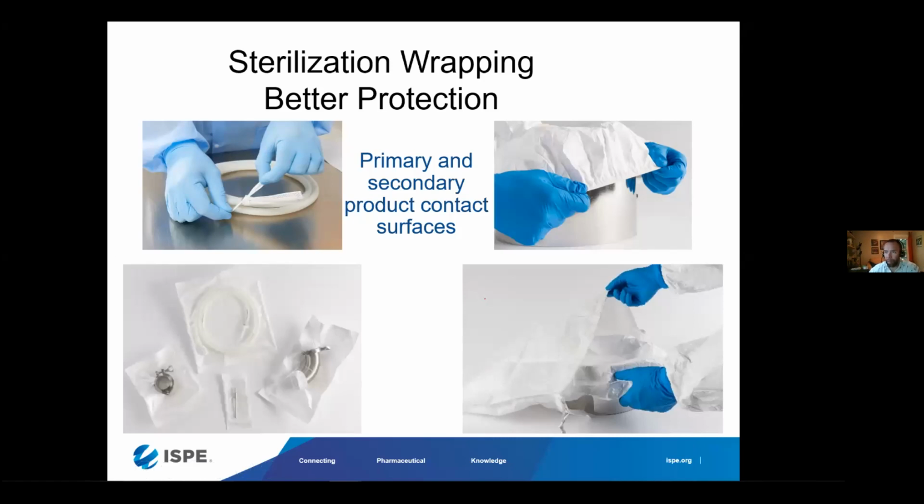On the lower left, you can see the top bag is a Tyvek and film pouch. The primary product contact is first covered with the drawstring bag, and then secondly in the pouch. On the lower right, that stopper bowl with the elasticized cover is then placed in a drawstring bag, which is tied up and closed for sterilization. So this is really the expectation now versus using the cellulose or paper-based materials.